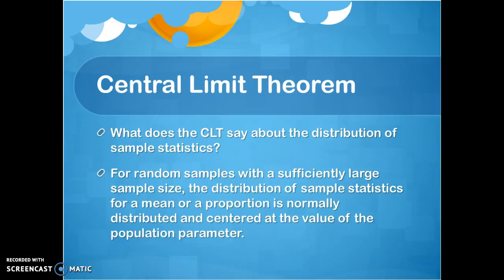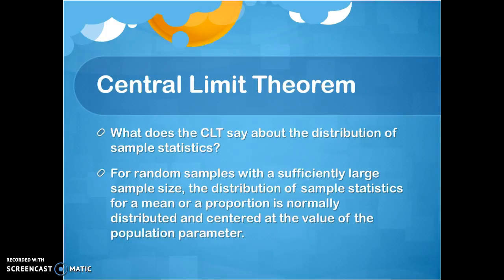And what it says is that this sampling distribution, this distribution of sampling statistics, when you've got random samples of a large enough sample size, that distribution, whether it's means or proportions, will follow a normal distribution, and will be centered at the value of the population mean or population proportion. We'll dig into that a little bit more, but just let that sink in for a moment.